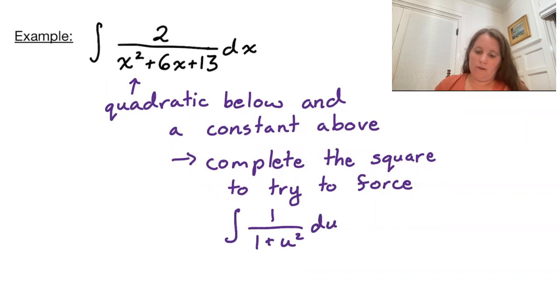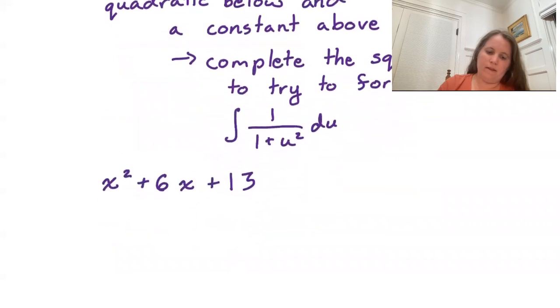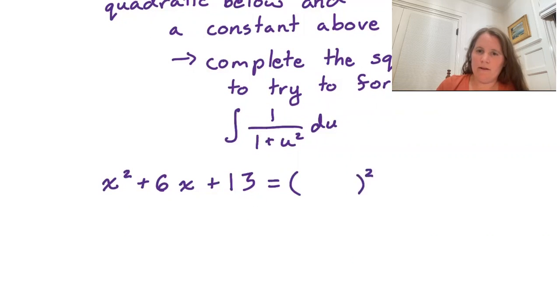So let's go ahead and take x squared plus 6x plus 13. And our goal then is to write this as something squared plus some constant. And so since we just have x squared, we don't have a coefficient, we're going to have an x plus or minus some blank, and then squared, and then plus or minus some number.